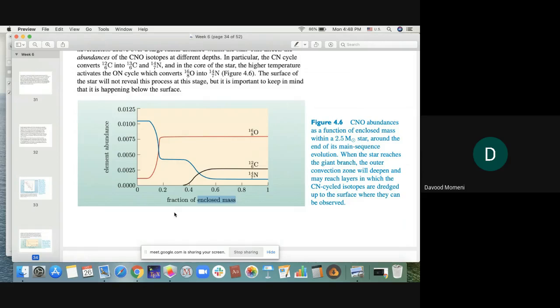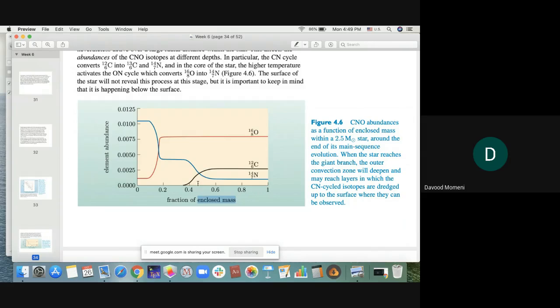And the oxygen actually has a similar behavior to carbon, but it started before. Nitrogen and oxygen will start at a fraction before the fraction of the enclosed element reaches 0.2 or 0.3. And carbon is the one which starts very late.